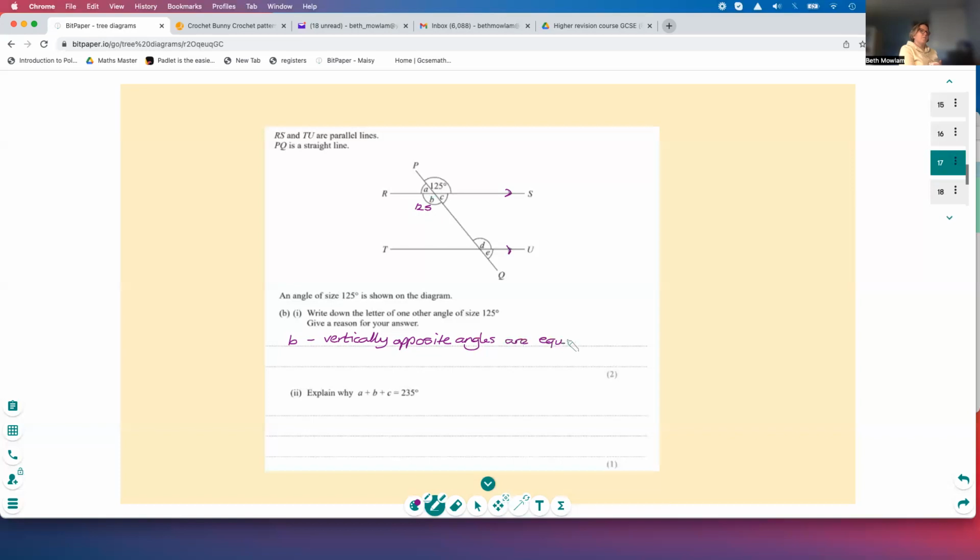Or we could say D, because D is a corresponding angle. So for our reasons, we needed to pick the letter because D is in the same position on the next joint down. Now, it's not enough to say just corresponding angles. You've got to say corresponding angles are equal.